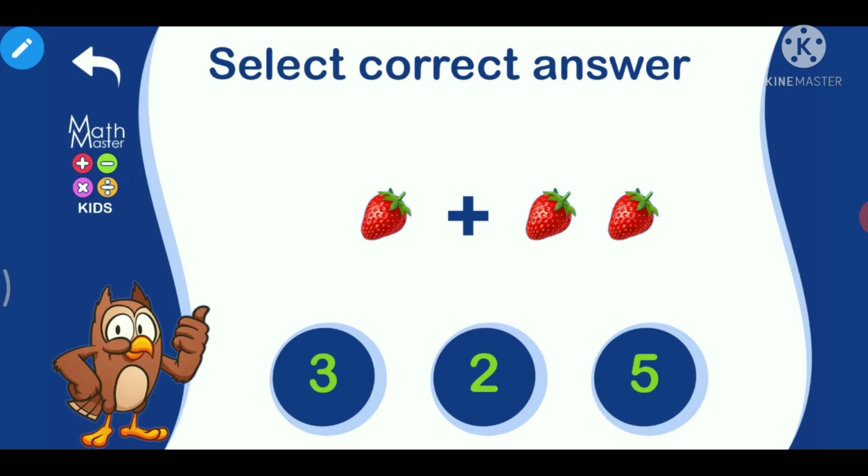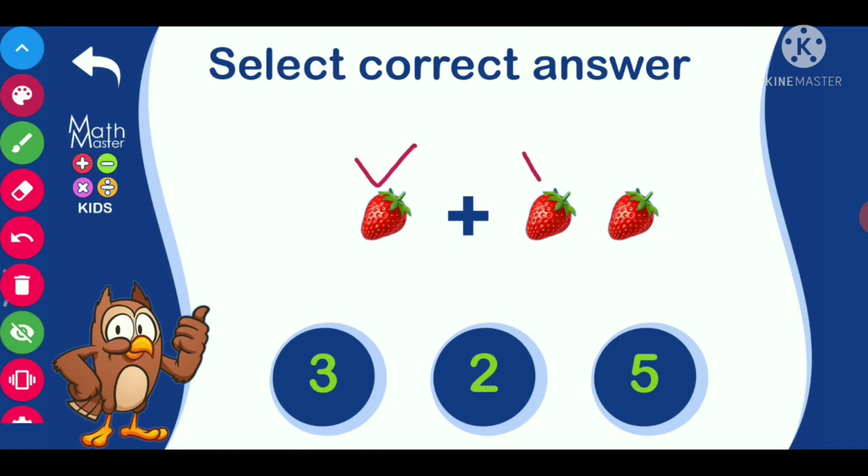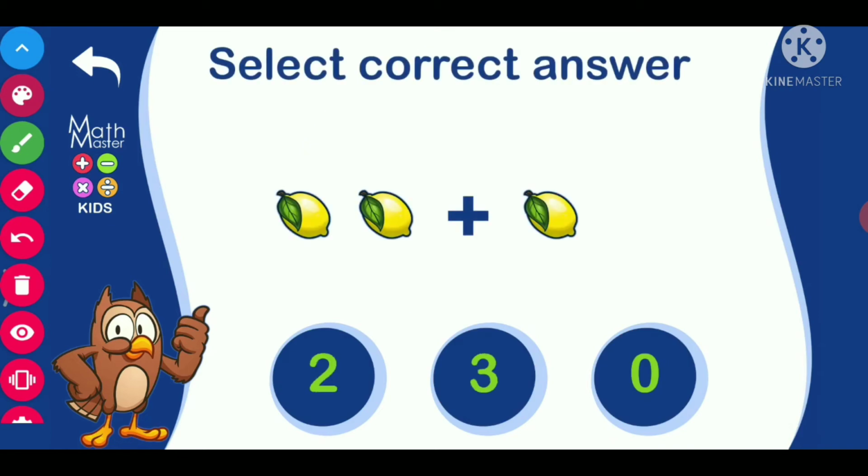Okay, so see here, one strawberry is there, this one is second, and this one is third. So 1 1 1. So how many strawberries are there? 3 strawberries. So which one will be the correct answer? This one will be the correct answer.